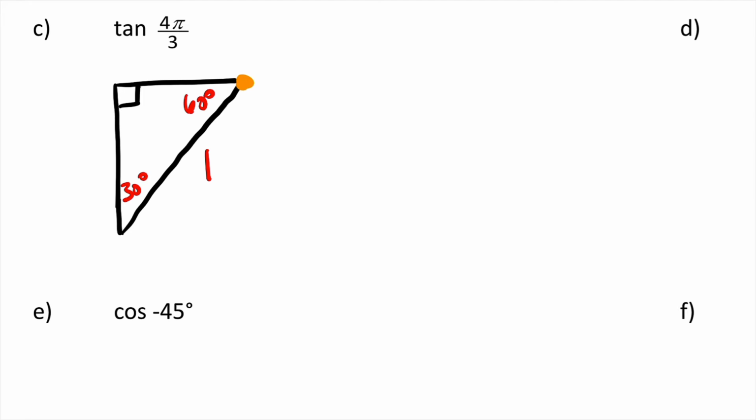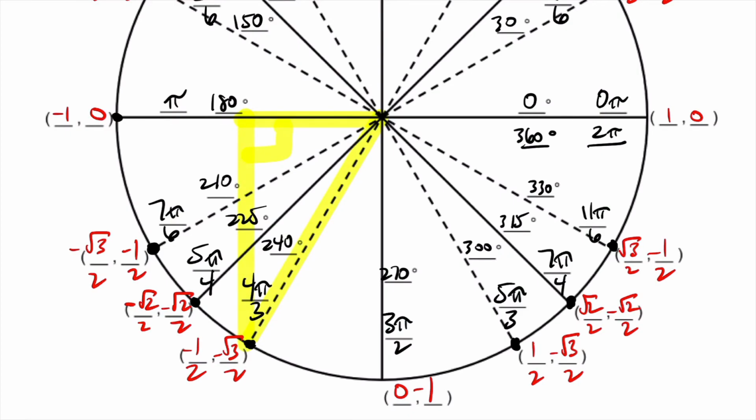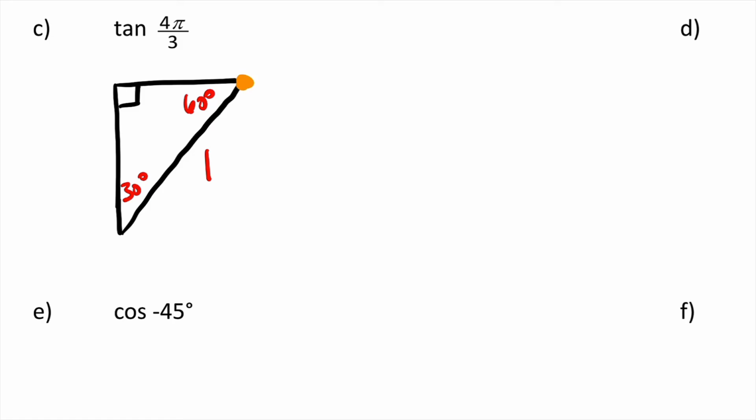So now we got to find the sides. Okay, so let's go back. So the base is right here. The base is the x. So the x is negative 1/2 for 240. So negative 1/2. Since I went to the left, from the dot I went to the left.